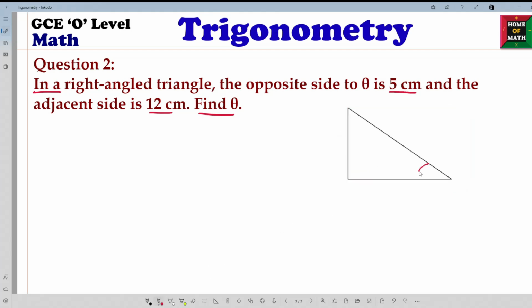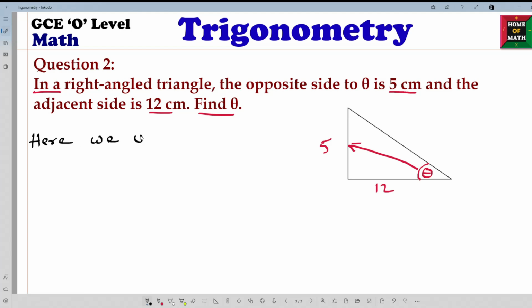The opposite side to theta is 5 centimeter, and the adjacent side is 12 centimeter.